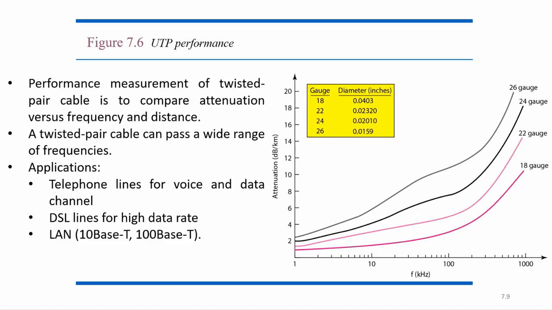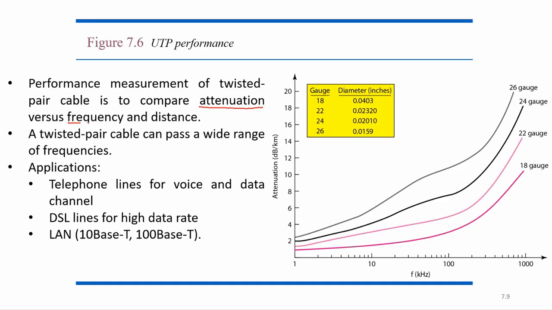Here is the performance of UTP cables. The performance measurement of twisted pair cables is to compare attenuation versus frequency and distance. That means at a particular frequency or distance, what is the attenuation?